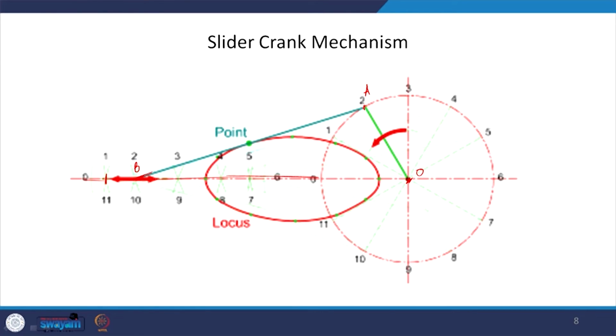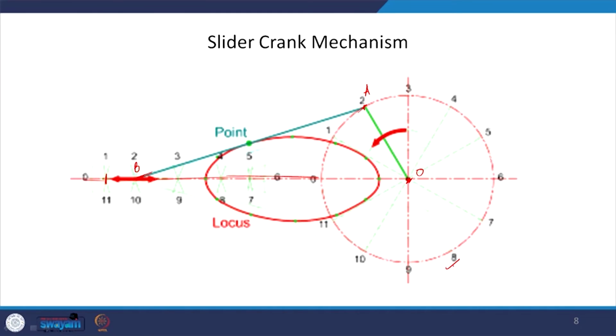We have this OA, and the locus of this OA, this crank, is a circle. We have already seen that. That is the simplest. Whenever we have to locate the locus of any point on a circle, we divide the circle into a certain number of equal parts.